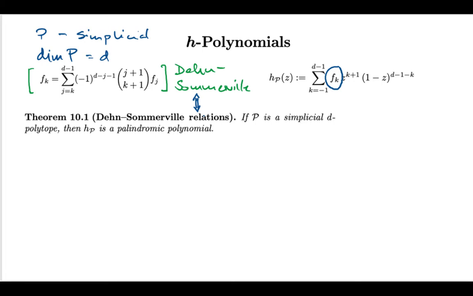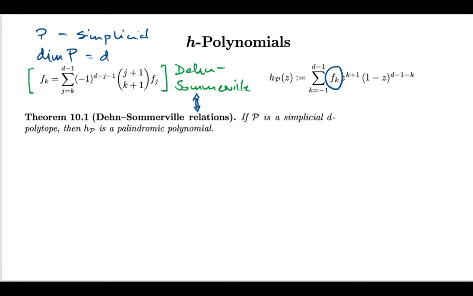Its coefficients are symmetric, whether you read them from right to left or left to right. But this is not hard to prove once you have the Dehn-Somerville relations. And I invite you to compute some examples. So for example, if your polytope is a simplex, the h-polynomial has a very easy form.